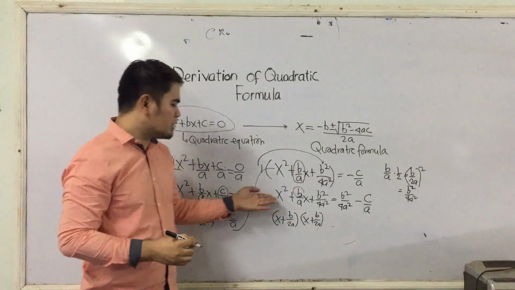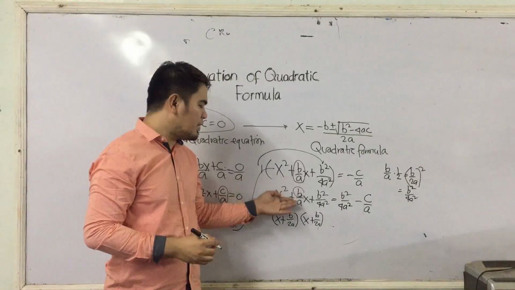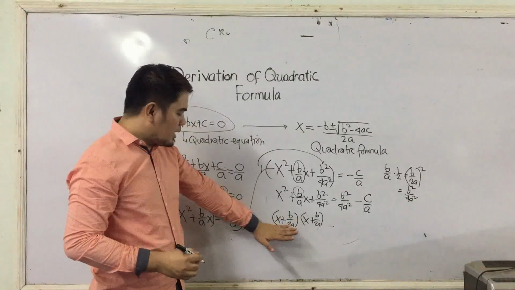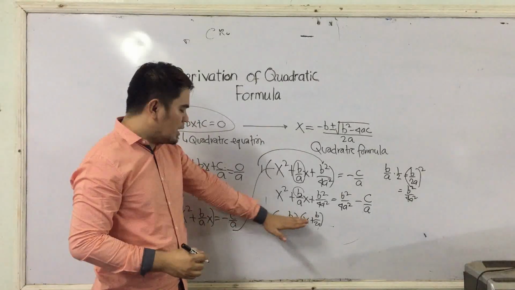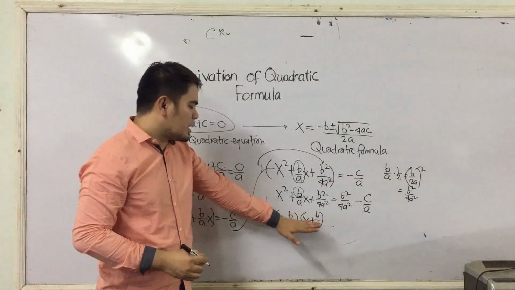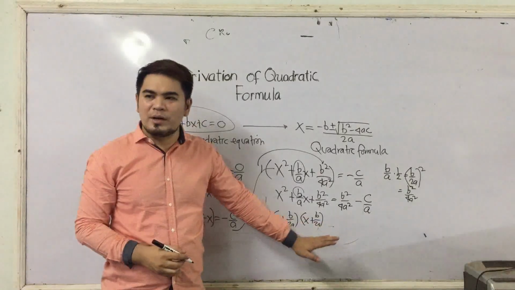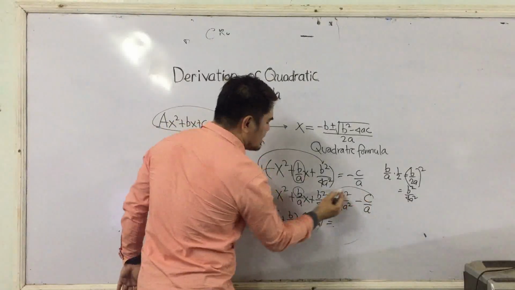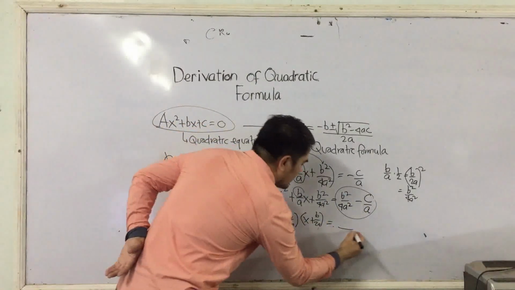So the factor of x squared plus b over a x plus b squared over 4a squared is the quantity x plus b over 2a times the quantity x plus b over 2a equals, since these are similar fractions, we need to find the LCD.